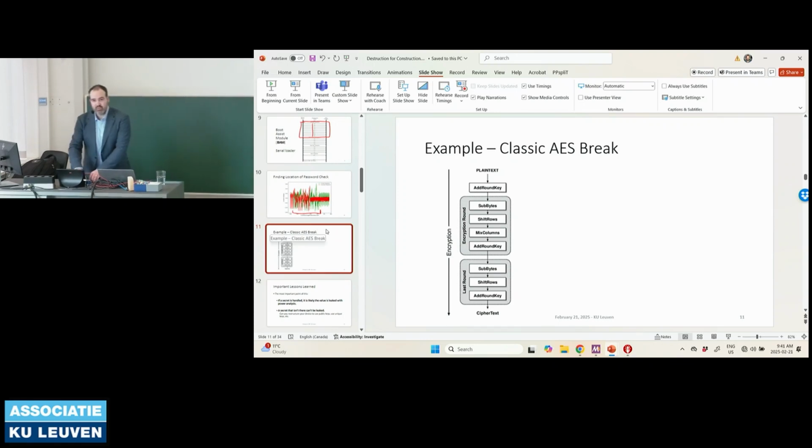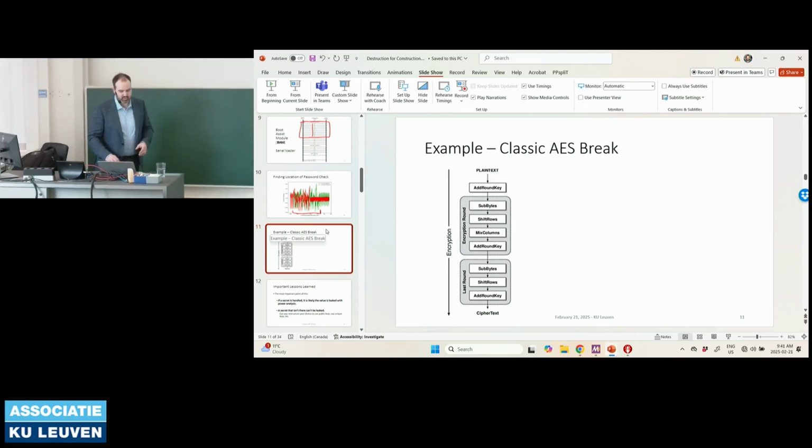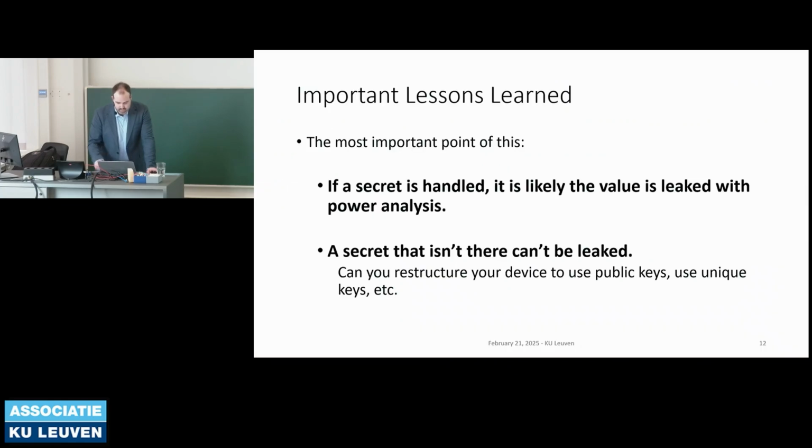So you don't have to just use purpose-built hardware, you can do this with your own equipment, with an oscilloscope, things like that. But the important thing here is that if the secret is handled, whether that's the password or the key, it's pretty likely that the value can be leaked with power analysis.